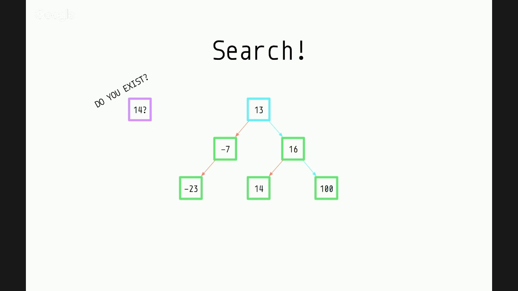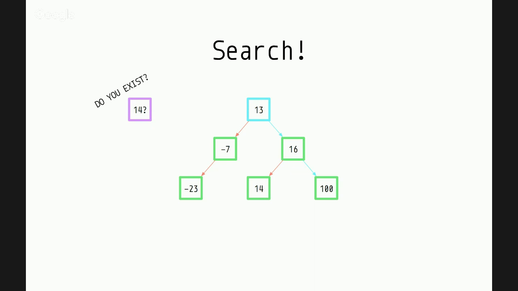So let's go through a search for 14. So we have two key things. Basically, we have two separate branches that we can take, and we're maintaining this invariant that the left child of any node is less than the node itself, and the right child is greater than or equal to the value in the node.